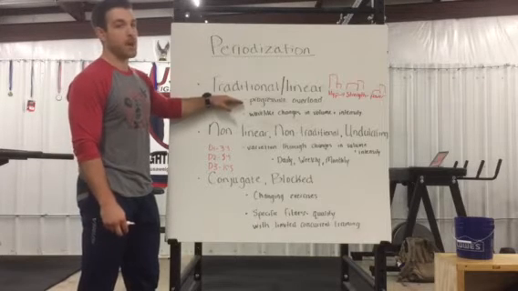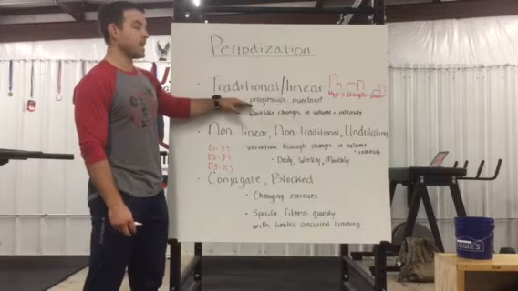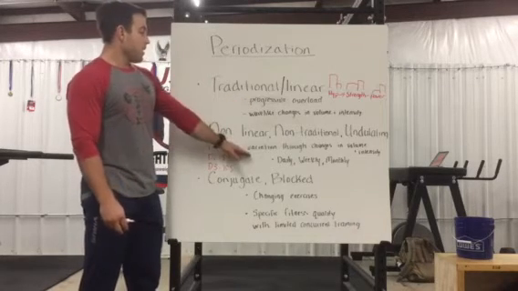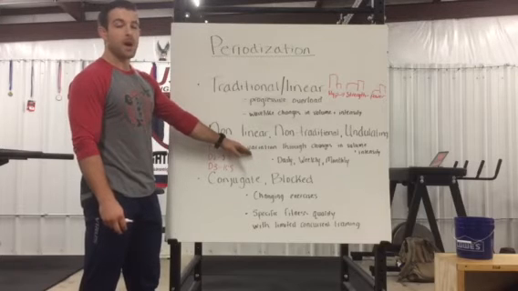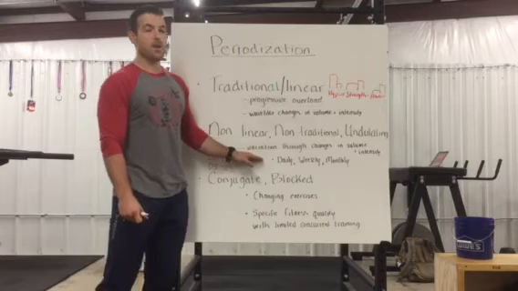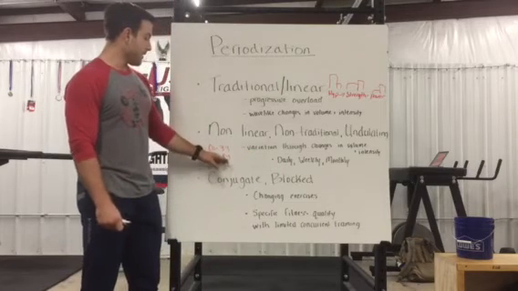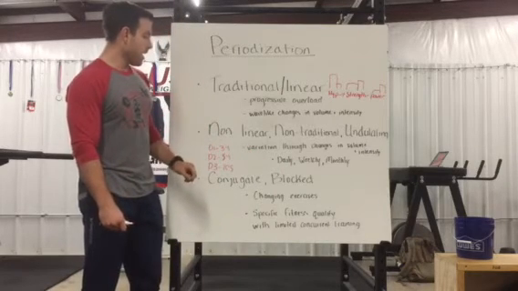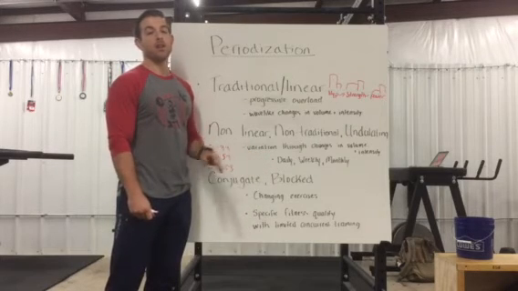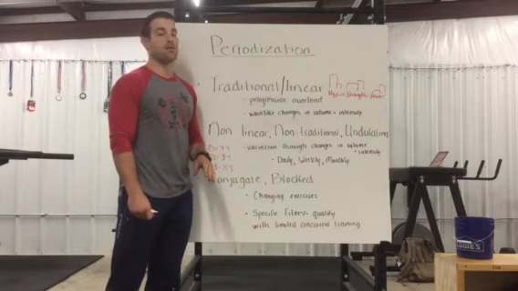Am I only adding 5 pounds week to week? Am I adding an extra set? Am I adding 2 sets? How am I undulating my volume and intensity? Am I doing 15s, 5s, and 3s? Am I doing maybe a heavy squat on a Monday and then a light day on Thursday for the squats?